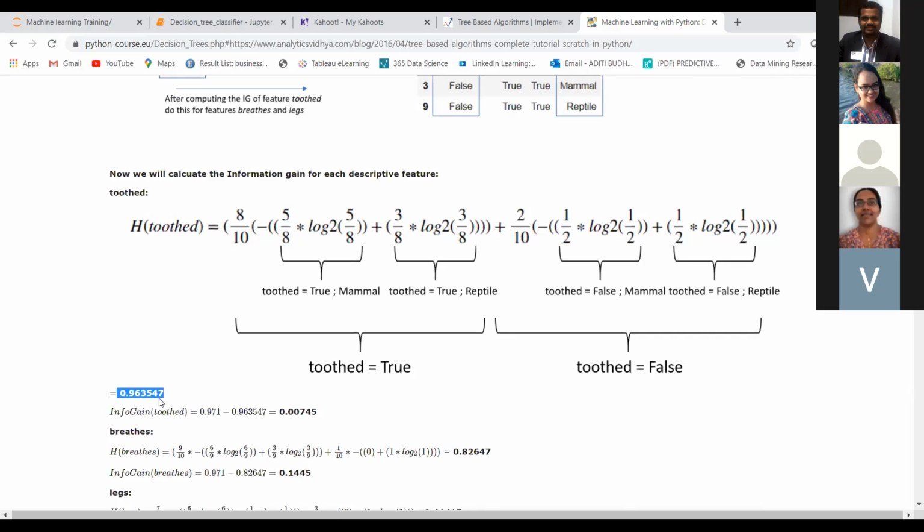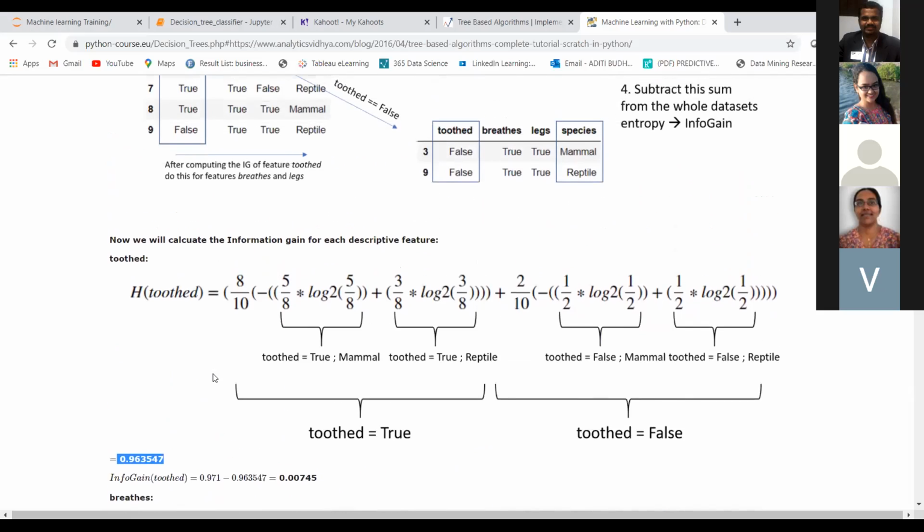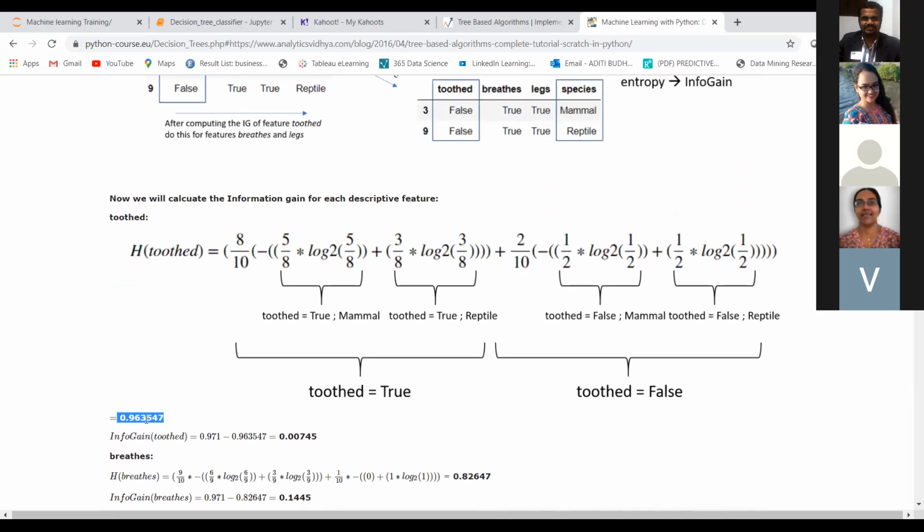The higher the information gain, the more likely that particular feature is selected. So let us see how information gain is calculated.